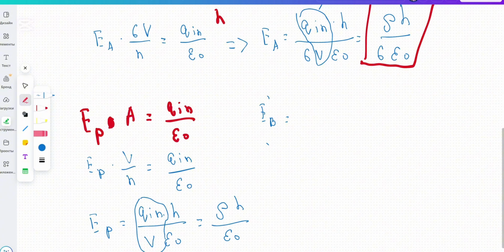But in this problem, the cavity and the sphere introduce an asymmetry, so we analyze the contribution from only one side. So we need to divide the electric field of the plate by 2, and we will get rho h over 2 epsilon 0.